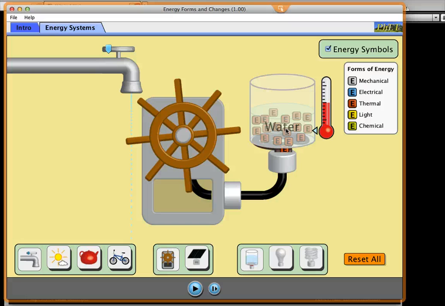Okay, so now let's see how this translates into application of the first law. We'll define the system as the converter plus the water in the beaker. That's our definition of the system now.